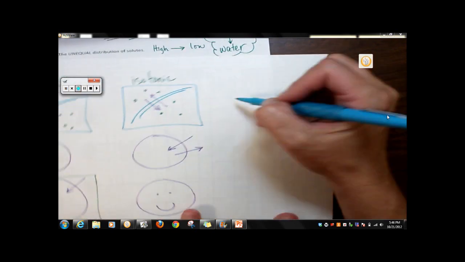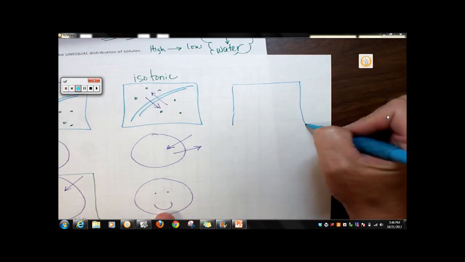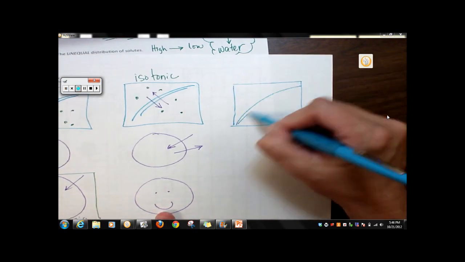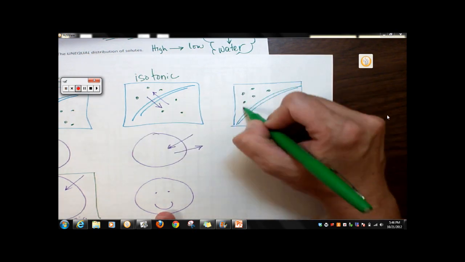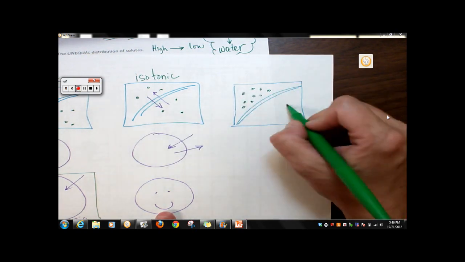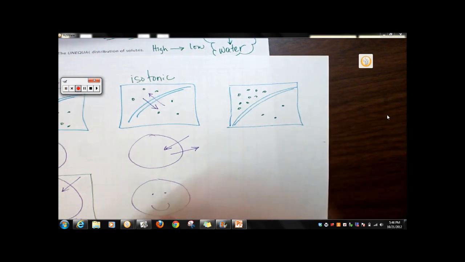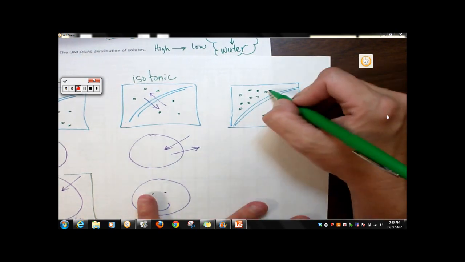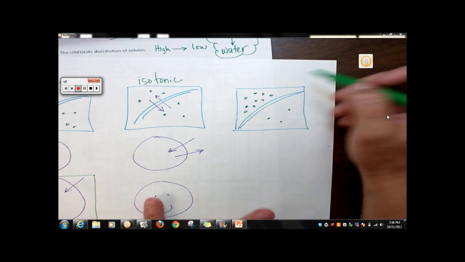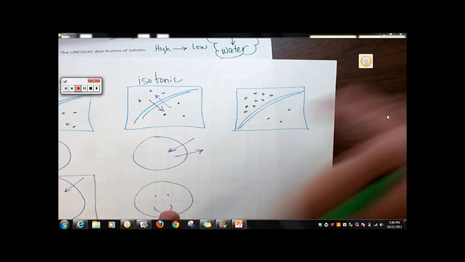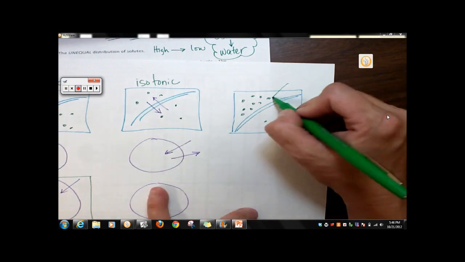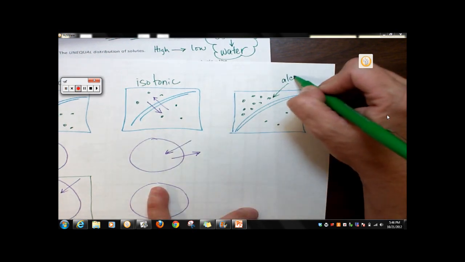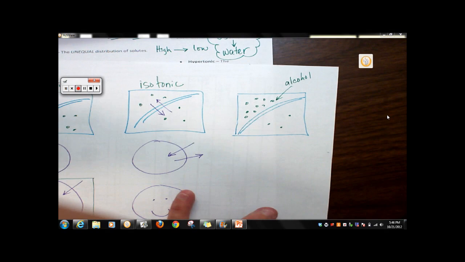Finally, hypertonic. Hypertonic refers to the fact that there are outside of the cell a whole lot more dissolved substances than inside. So this would be like I told you earlier, if you were out in the ocean and the salt water, your body's going, oh my gosh, look at all the water, all the salt out there. Or if you drink a lot of caffeine or alcohol, then what will happen is your cells go, holy cow, we need a balance.